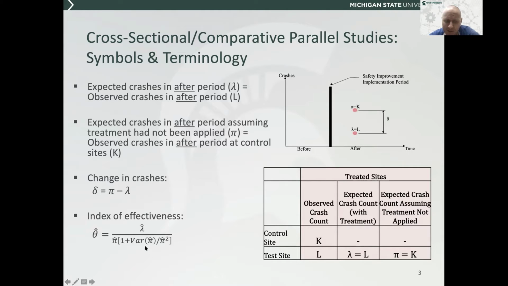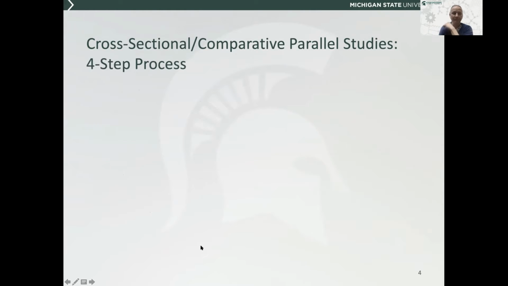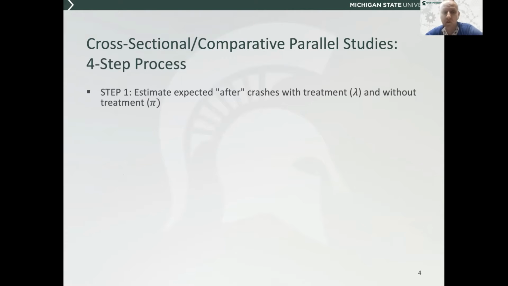As the sample sizes get smaller, this index of effectiveness will also tend to get smaller as a consequence of having a relatively small number of crashes. But generally speaking, as our sample size gets larger, this will just converge towards lambda over pi. The setup is very similar to what we would have seen in just the simple before-after evaluation. And so in general, we have a 4-step process that we work through here.